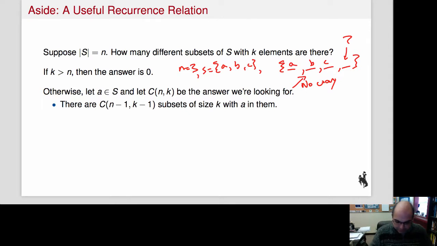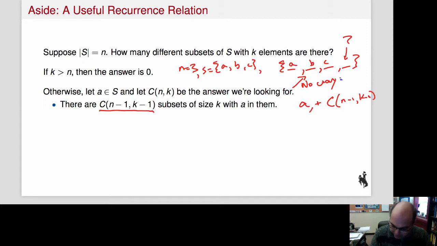Here's what we'll do. I can, for example, choose A. Then there are C of n minus 1, k minus 1 subsets of size k that have A in them.